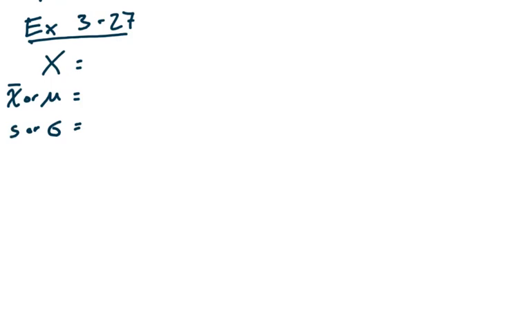And then again, do we call the standard deviation S or sigma? It doesn't really matter because we need to know what it is because we have to divide by it, and it will correspond to whether it's a sample or a population.